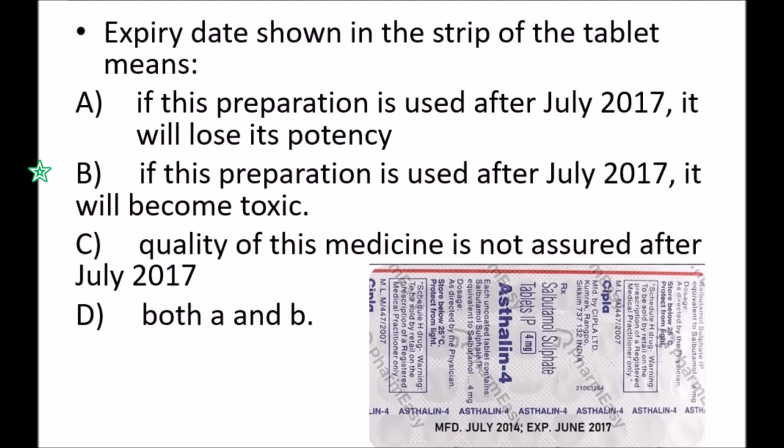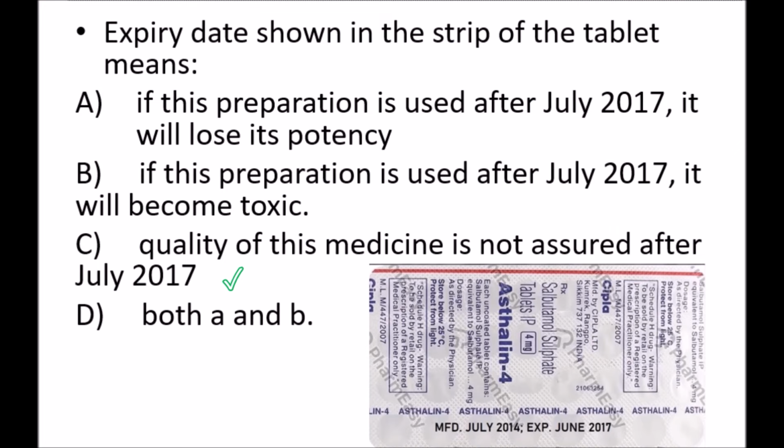So it may become toxic or may not become toxic, but we cannot predict it. Option C. Quality of this medicine is not assured after July 2017. Yes, this option is correct because we are always discussing that there is no certainty or no assurance of the quality after the expiry date. So this is the correct option.